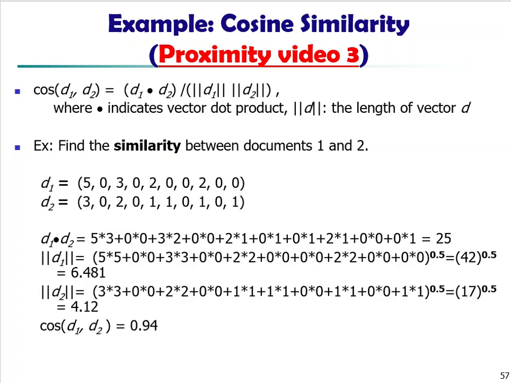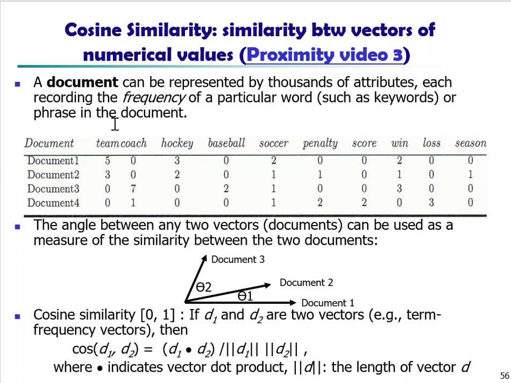Okay. So we mentioned that cosine similarity is most often used to measure document similarity. It can also be used in other situations where the similarity of two things is determined by the distribution of their values in each of the dimensions.